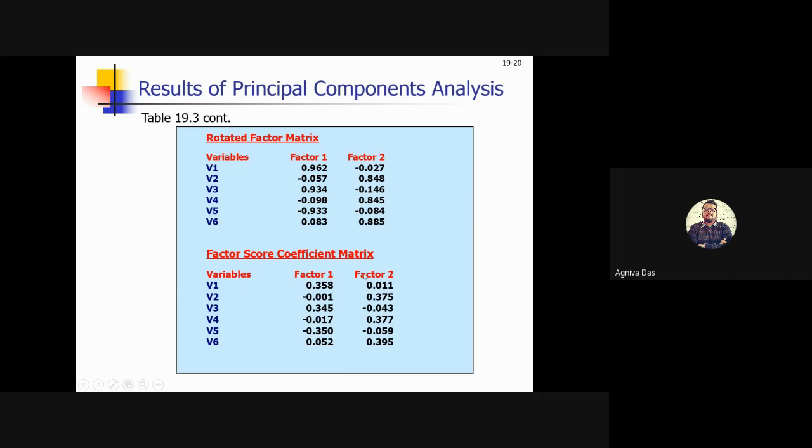Similarly, the factor 2 model will be: 0.011 multiplied by V1 plus 0.375 multiplied by V2 minus 0.043 multiplied by V3 plus 0.377 multiplied by V4 minus 0.059 multiplied by V5 plus 0.395 multiplied by V6.